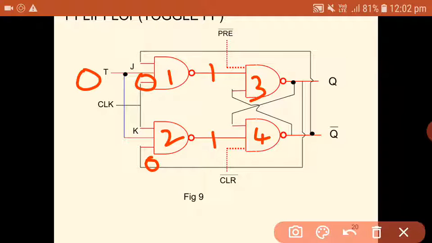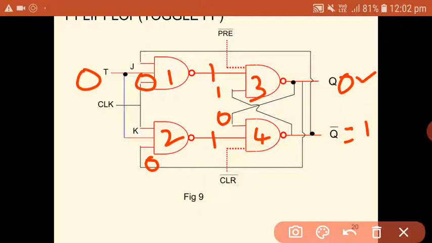Whenever output is becoming 1, for the third and fourth NAND gates, one of the inputs happens to be 1, so it depends upon the previous output. So if Q is equal to 0, let us say, that 0 will be available at one of the inputs of the fourth NAND gate, so that output becomes 1. Since this 1 is available at one of the inputs of the third NAND gate, output becomes 0.